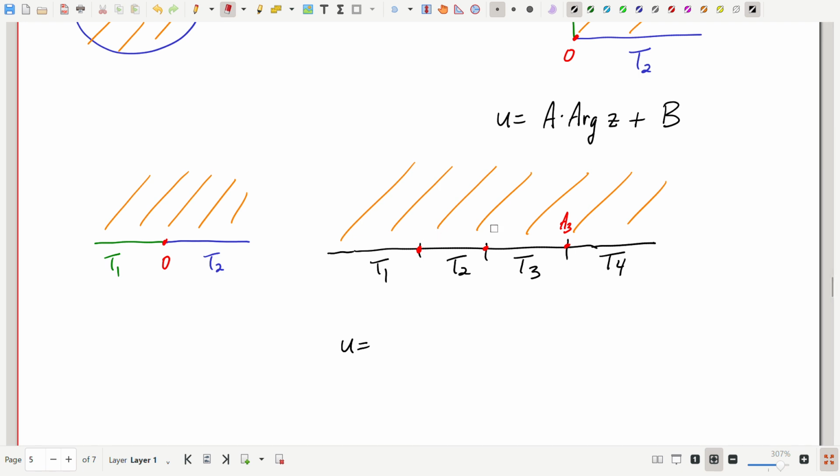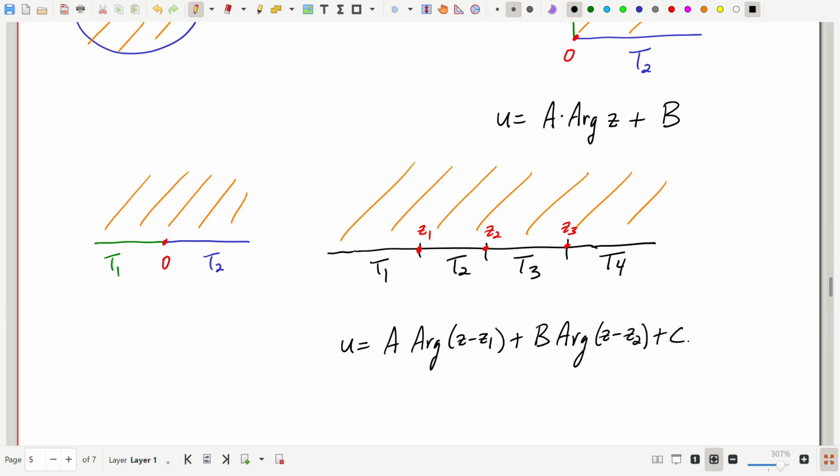I'll call these Z's: Z1, Z2, Z3. Then I would take A times argument of z minus z1, plus B times argument of z minus z2, plus C times argument of z minus z3.